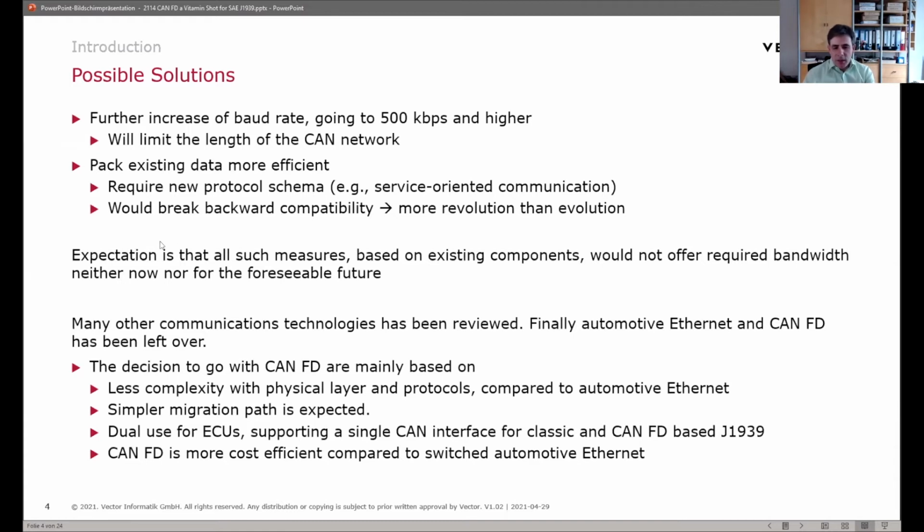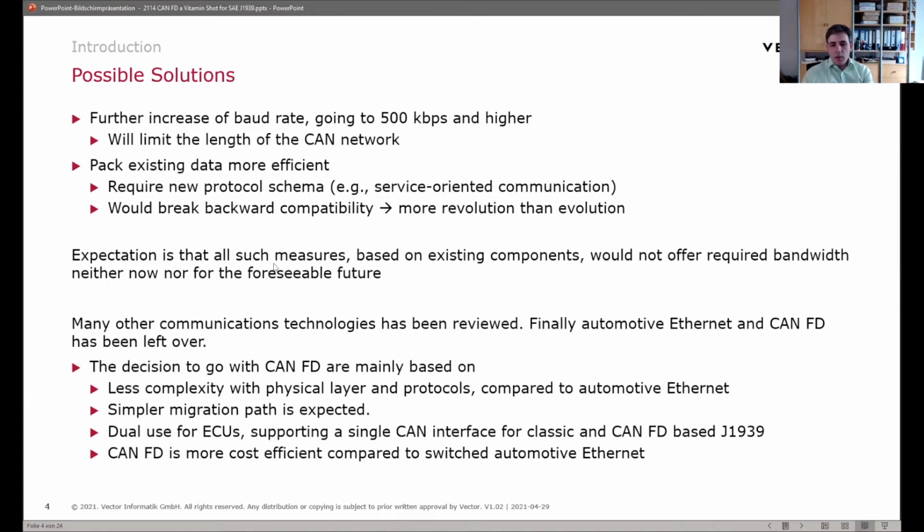The expectation is that all those measures based on existing components will probably not give us the bandwidth that we expect we need in the future. All of those improvements would probably help, but they would not pave the way for the next 10 to 15 years of J1939 networks. So it is really not the way the J1939 committee is heading.